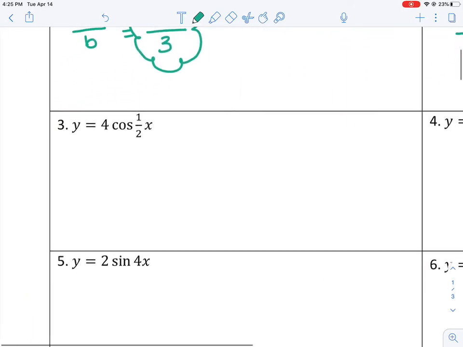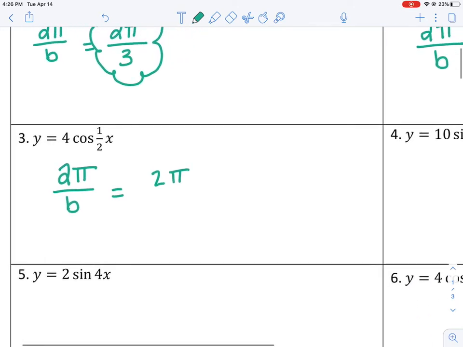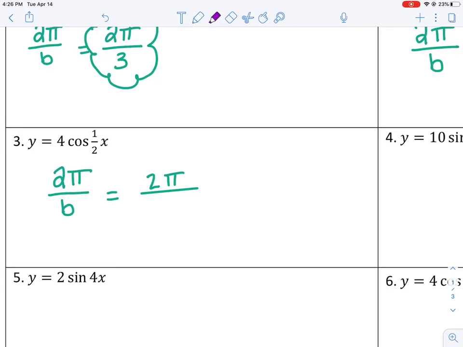Let's look at a few more examples. Again, period is 2 pi over b. So in this case, it's 2 pi, and my b value is 1/2. So I'm dividing by 1/2. Now, same thing, you could put this in your calculator. You're really doing 2 divided by 1/2.